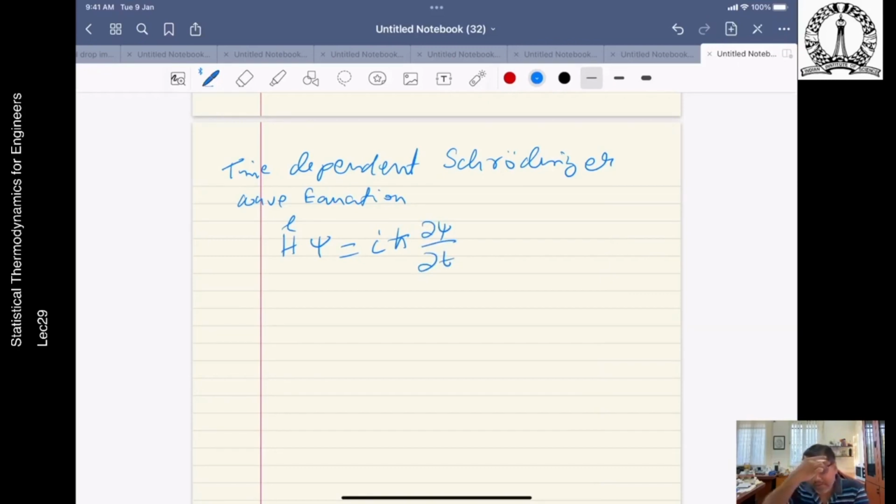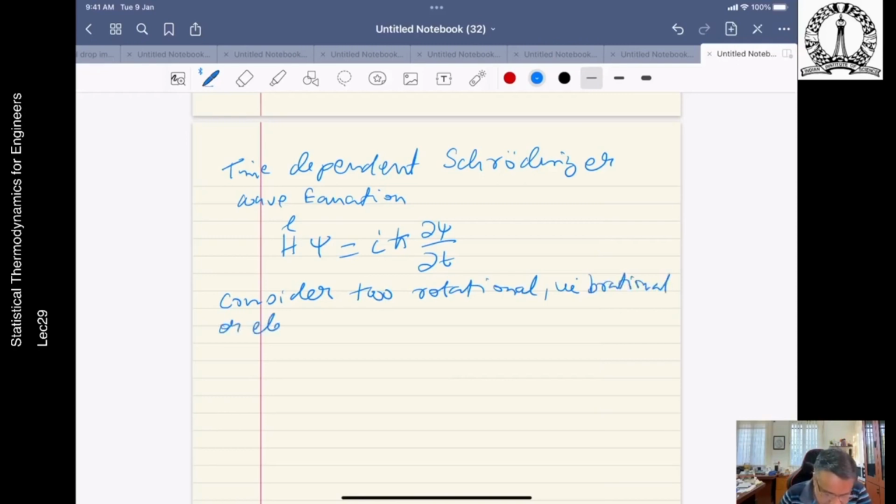Okay, now we consider two rotational, vibrational, or electronic states.